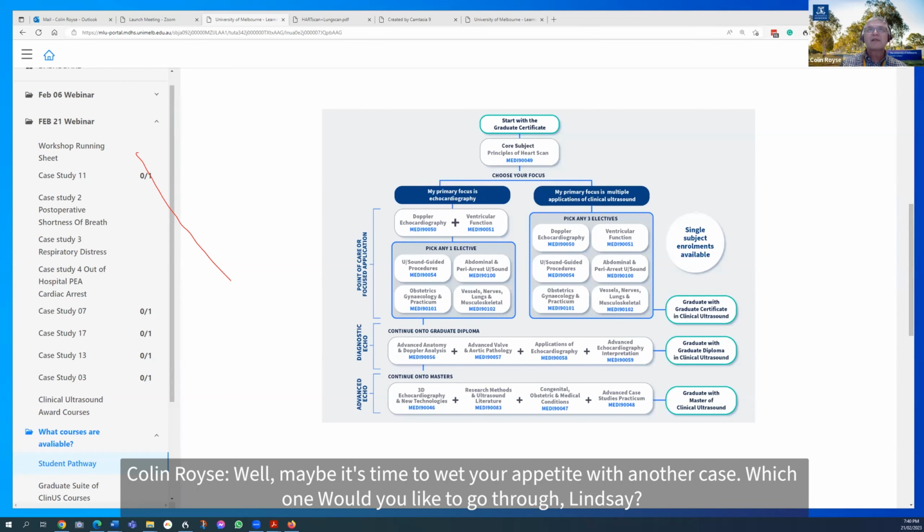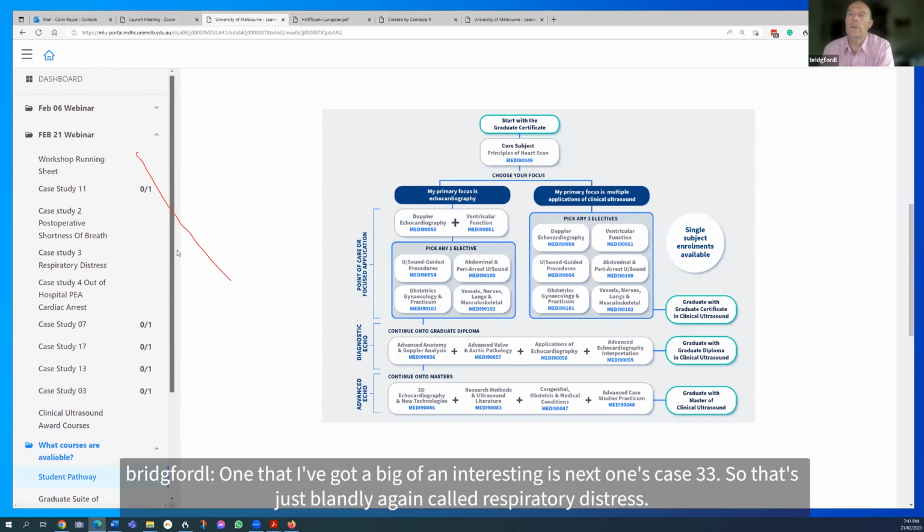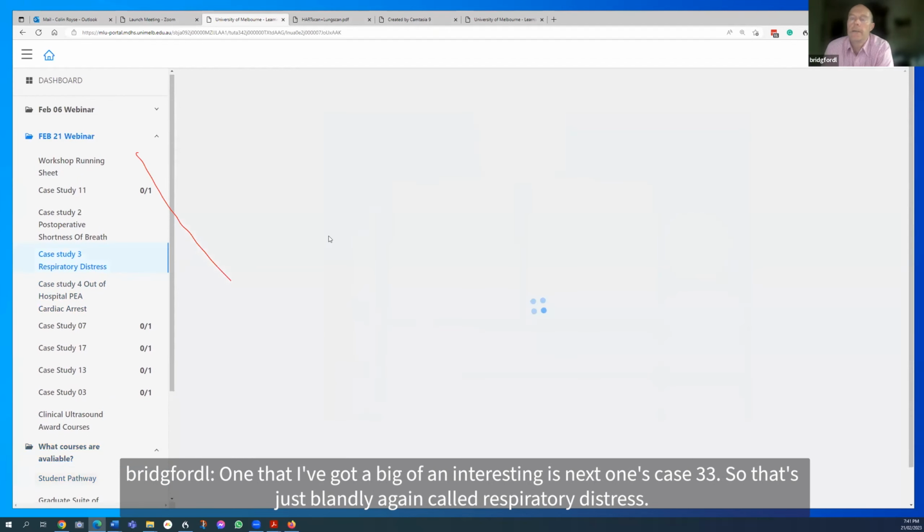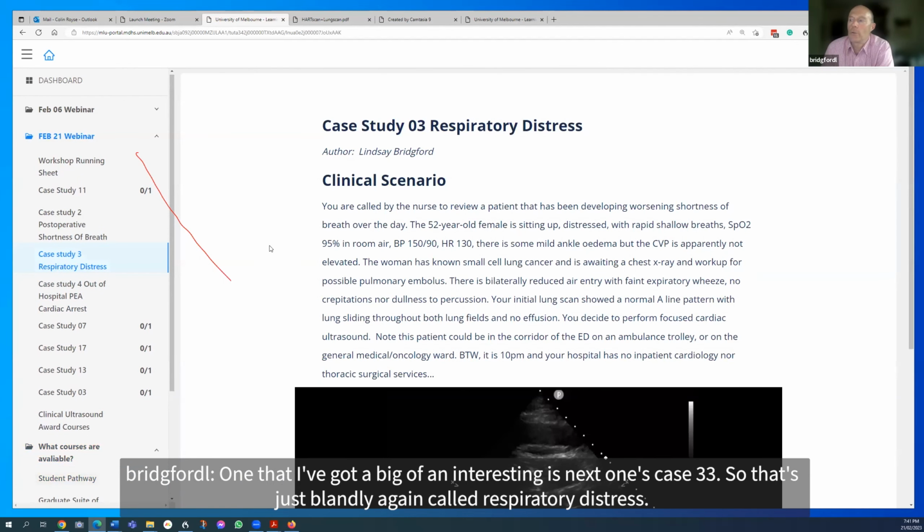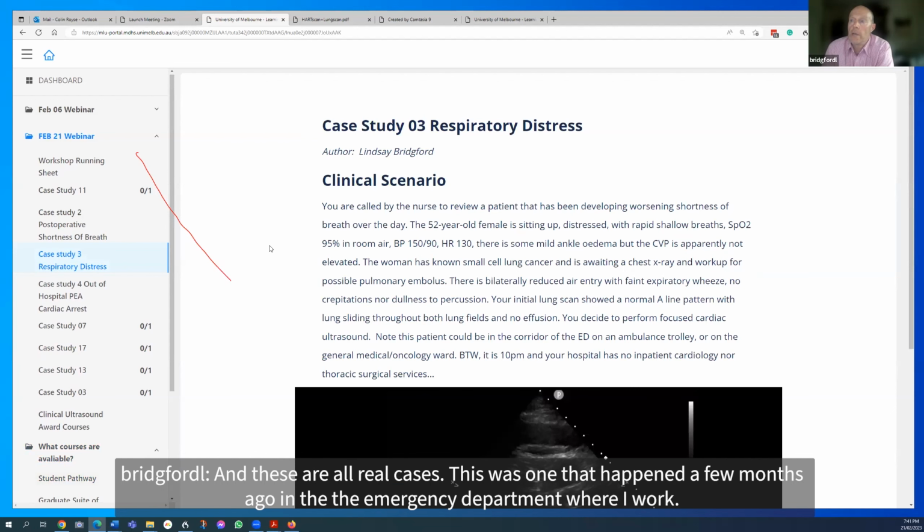Well, maybe it's time to whet your appetite with another case. Which one would you like to go through, Lindsay? One that I've got a bit of an interest in is case study 3. That's just blandly again called respiratory distress. And these are all real cases. This was one that happened a few months ago in the emergency department where I work.